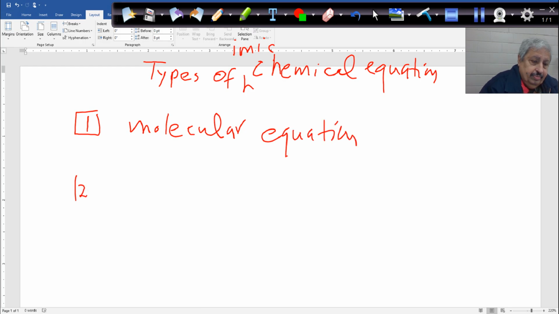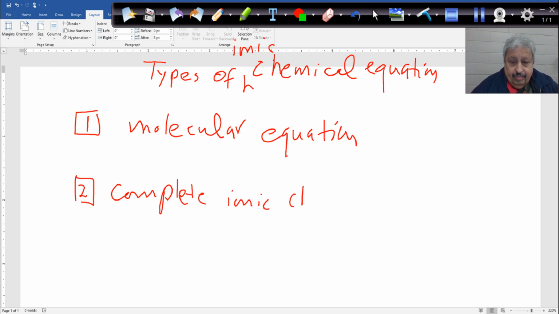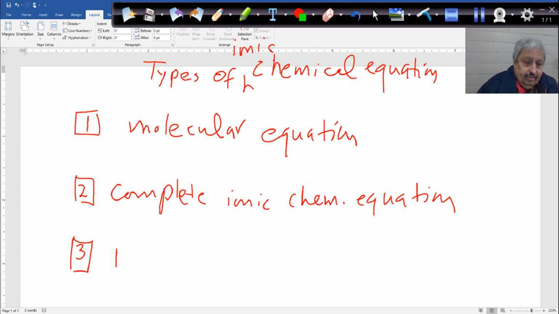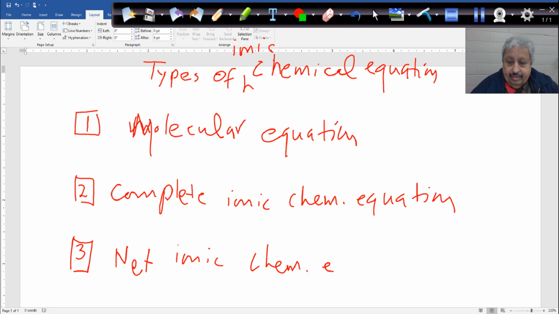The second is the complete ionic chemical equation, and the third is the net ionic chemical equation.